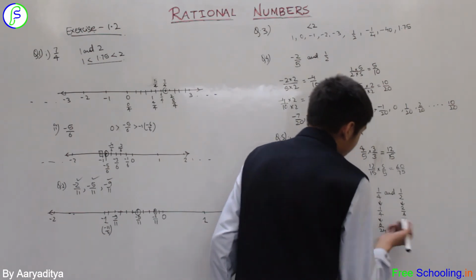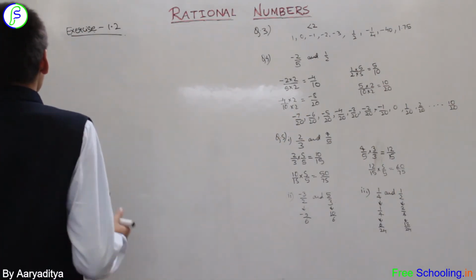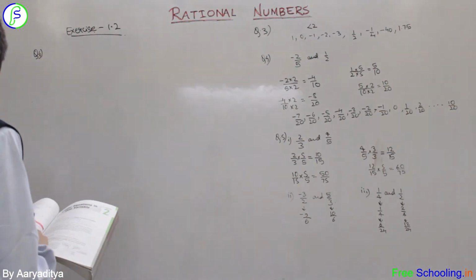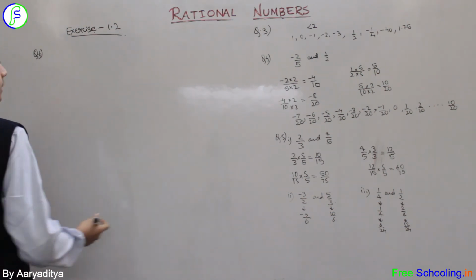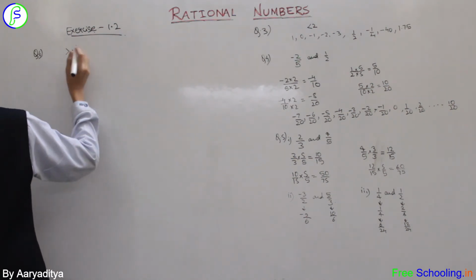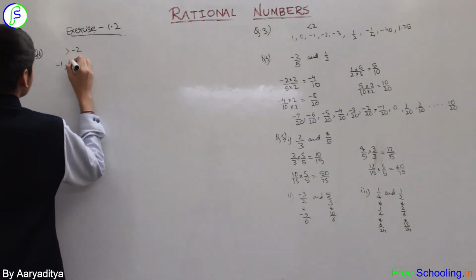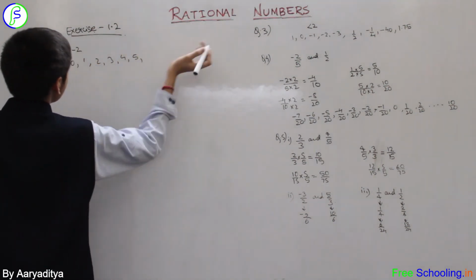Moving on to question number 6. It says write 5 rational numbers greater than minus 2. Well, we were having a condition of less than 2 and now we have a condition of greater than minus 2. Again, there can be infinite rational numbers. You can take minus 1, 0, 1, 2, 3, 4, 5, any fraction.